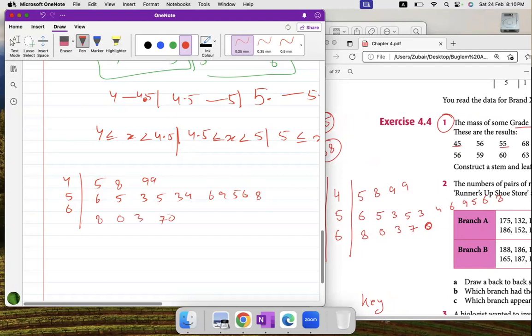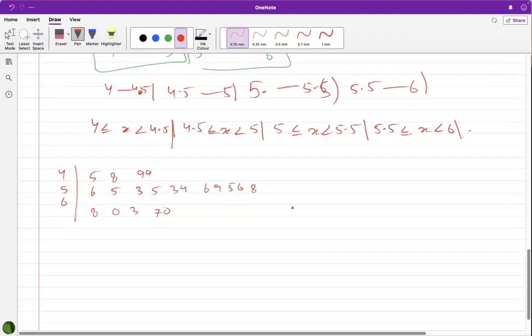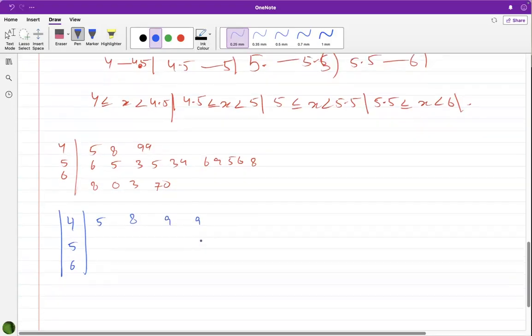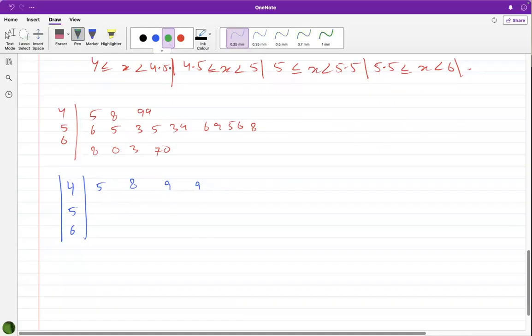Now there were two conditions. Write the numbers exactly below each other and in order. So if I have my stem 4, 5, and 6, I'm looking at 4 only. I can see 5, 8, 9, 9. Luckily, they are already in order. We do not need commas to separate them. Now I'm looking at 5.